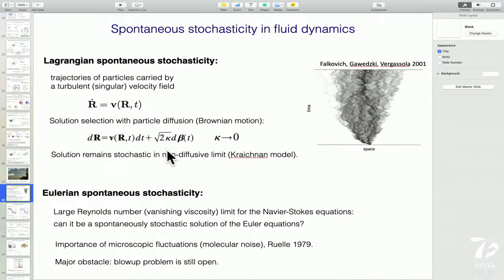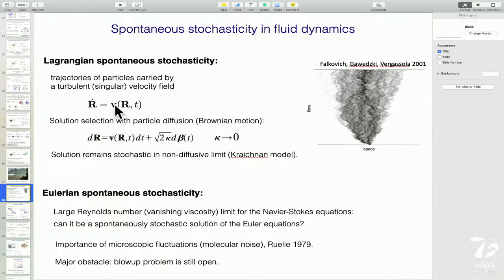And then there are results. There is this review. There are rather recent results, more or less 20 years ago, which are rigorous, and they considered a velocity field which is non-Lipschitz and defined by a certain Gaussian stochastic process.